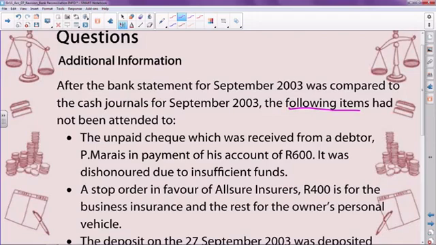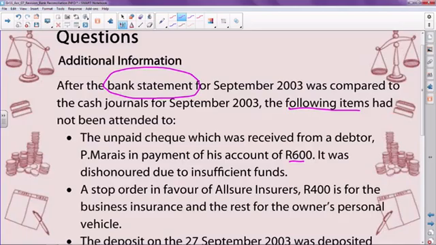So obviously now they're referring to the actual bank statement, what hasn't been reconciled. Right, so the first bit of information, the unpaid check, which was received from a debtor, P. Murray, in payment of his account of 600 Rand, was dishonored due to insufficient funds.